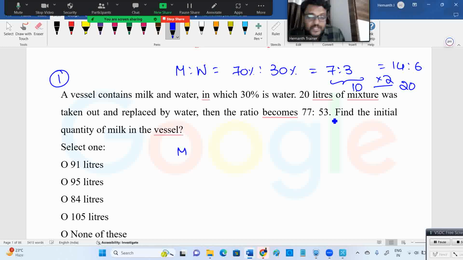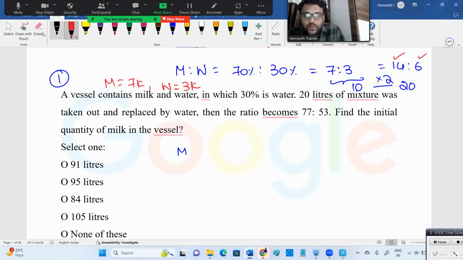Milk and water are there initially. When you remove 20 liters from the can, milk and water both are mixed. If you remove 20, some part of milk and some part of water will come out. How much milk? 14. How much water? 6. 14 plus 6 is 20, satisfied. So what is the milk now? Initially we can say 7 is to 3, which means milk is 7k and water is 3k.